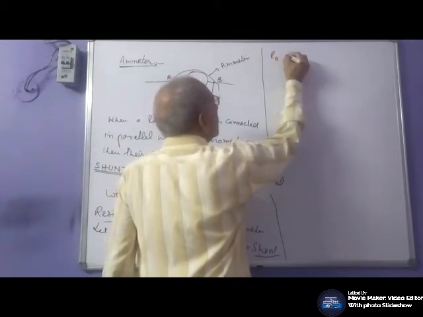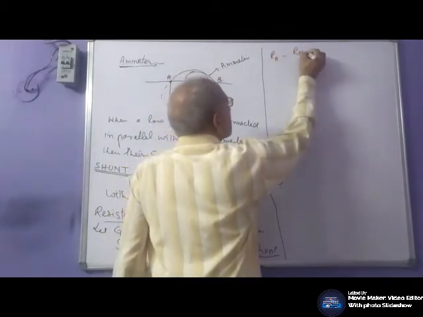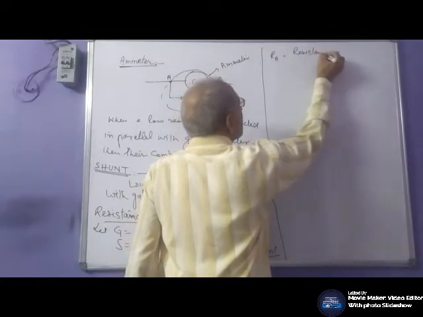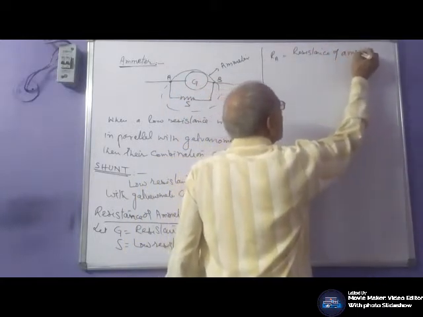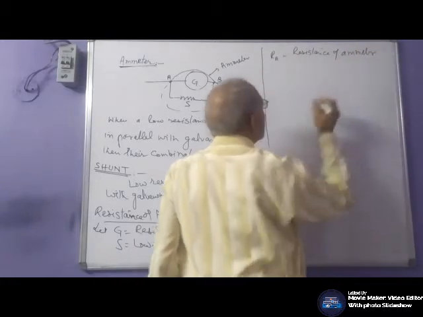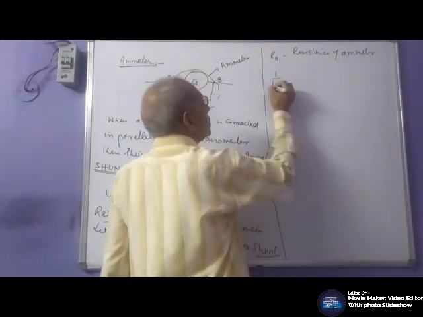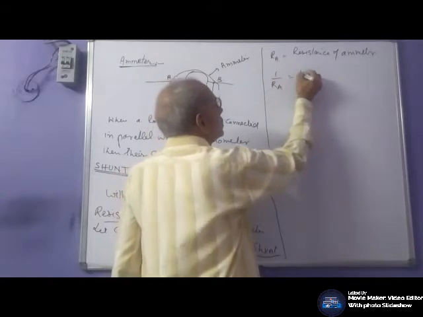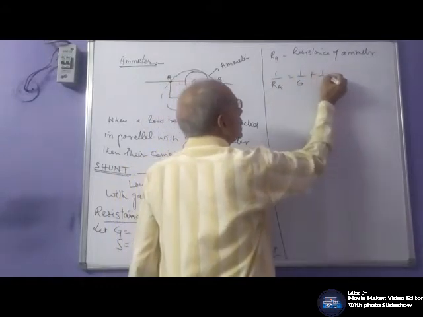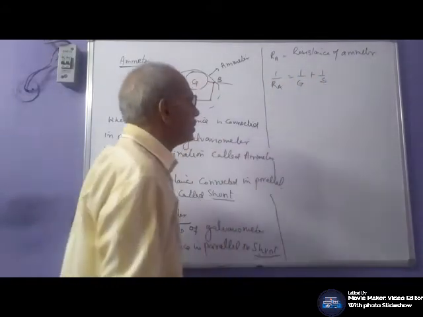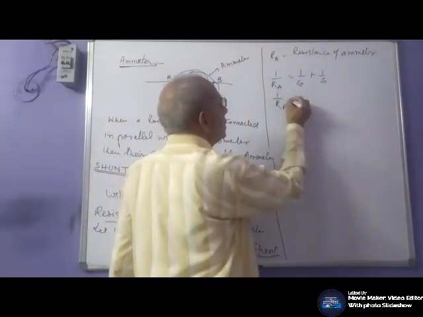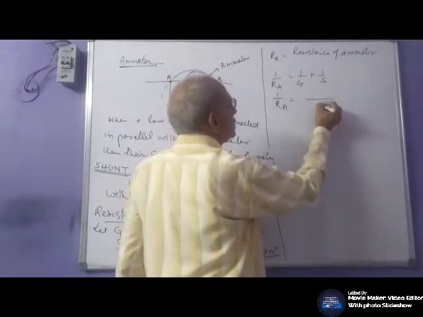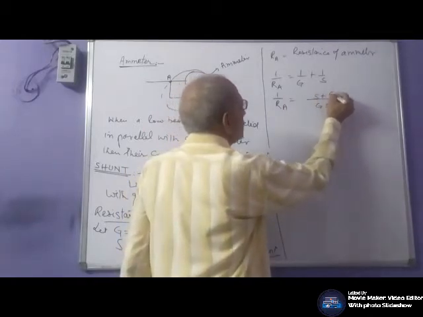RA is the resistance of the ammeter. Then 1 by RA is 1 by G plus 1 by S. 1 by RA is (S plus G) by GS.